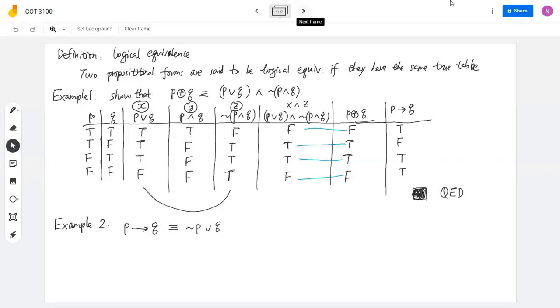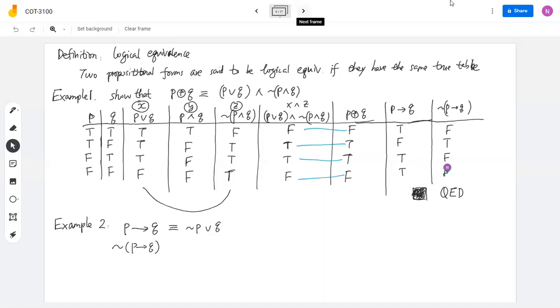And similarly, what about not P implies Q? Not P implies Q is just the negation of the previous column. So this is false, this is true, this is false, this is false.